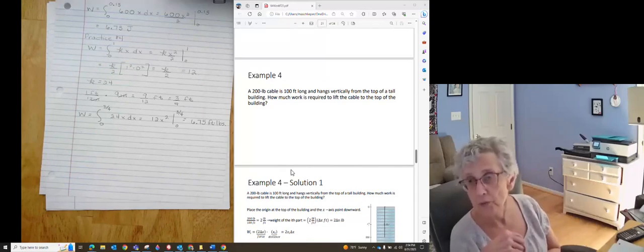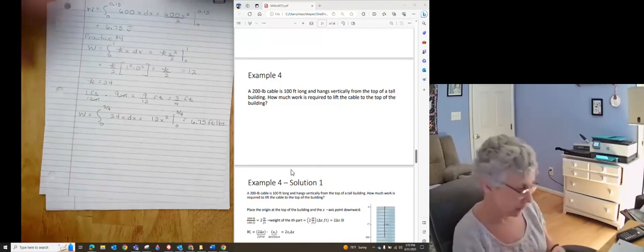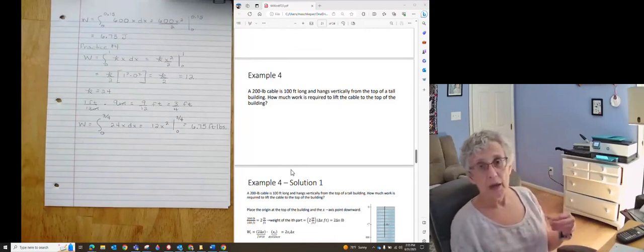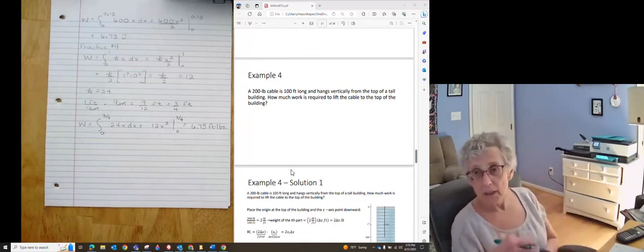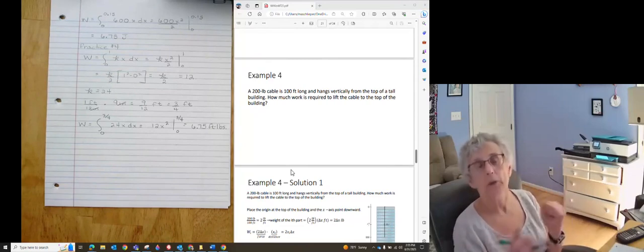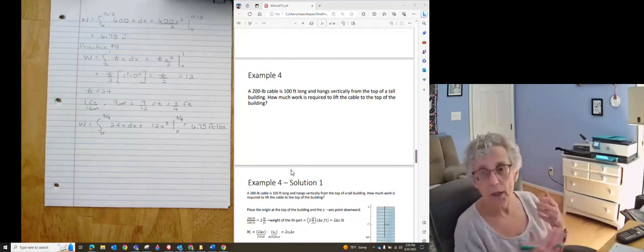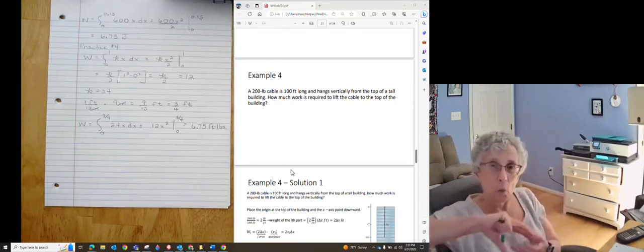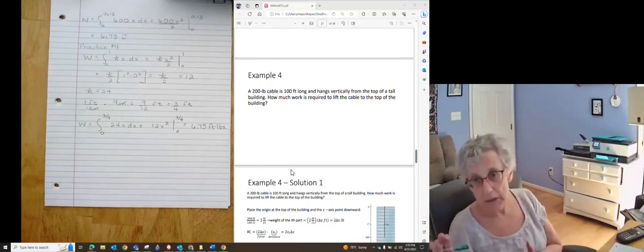It's 100 feet long, hanging vertically from the top of a tall building. How much work is required to lift the cable to the top of the building? So we assume that the only acceleration is due to gravity, that there's nothing extra pulling it down. There's no friction that we have to account for.